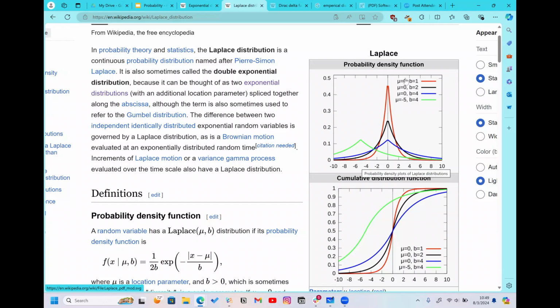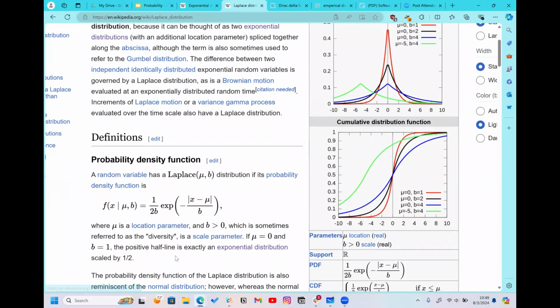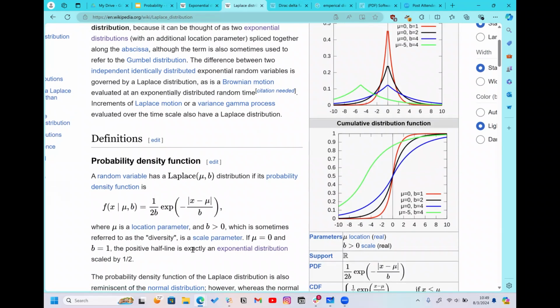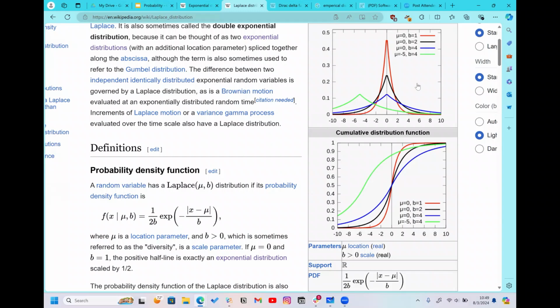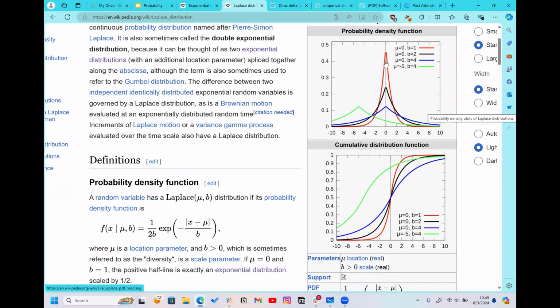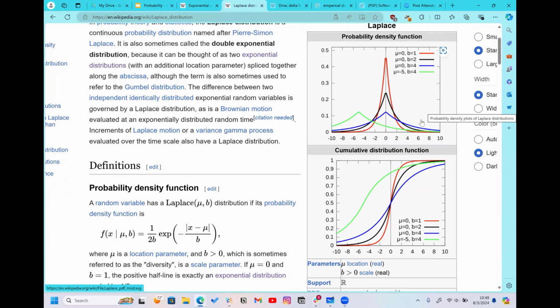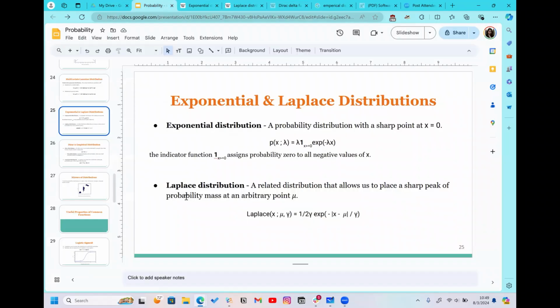And if mu is equal to 0 and b is equal to 1, it's nothing but a positive half. So the positive part is nothing but the exponential distribution is what they talk about. Yeah, I'm not so clear on this, so this is how much I know about these two distributions.